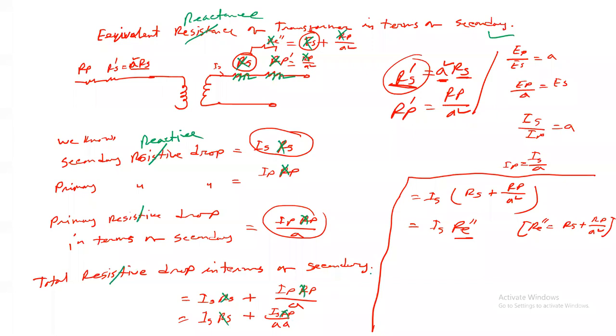Just all R is X. All are coil. Clear? This is your fourth equation. Total fourth equation.